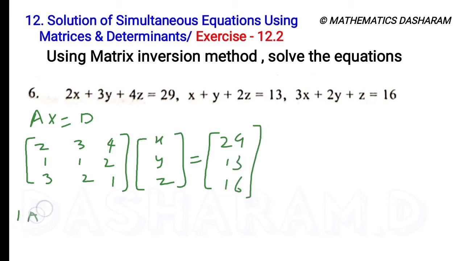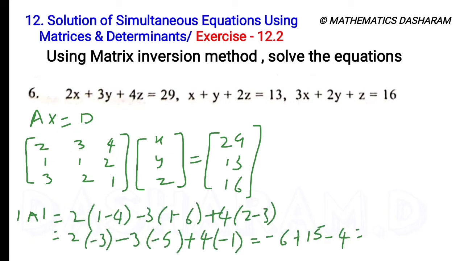Let's find out the mod A value. Expand the first row elements, 2 into bracket of, so mod A value, that is minus 5, sorry, it is a plus 5. 5 is not equal to 0, so then A inverse exists.